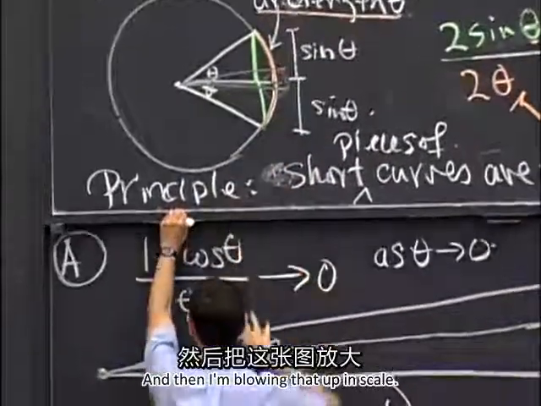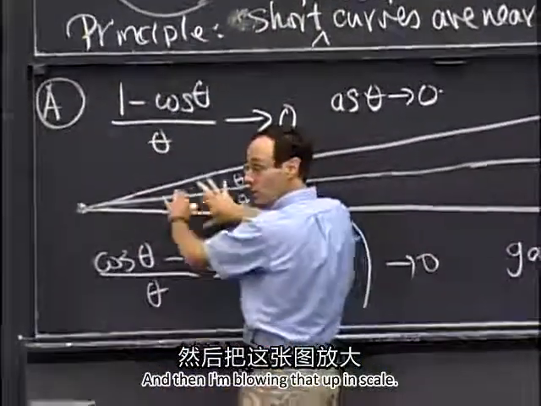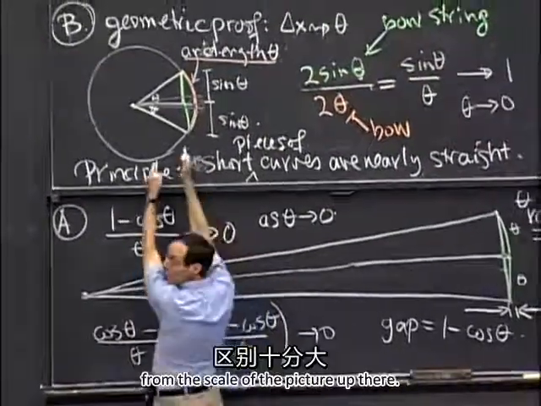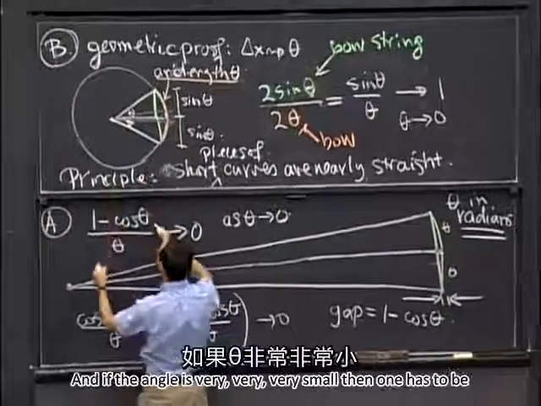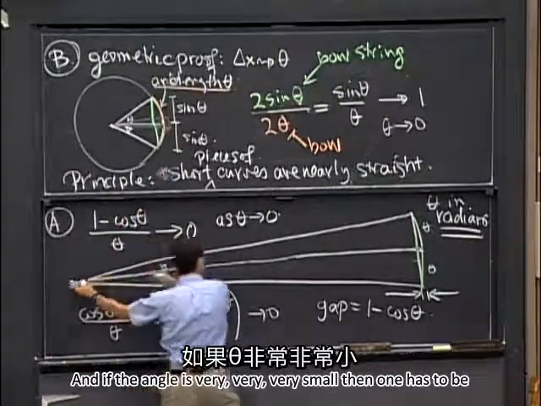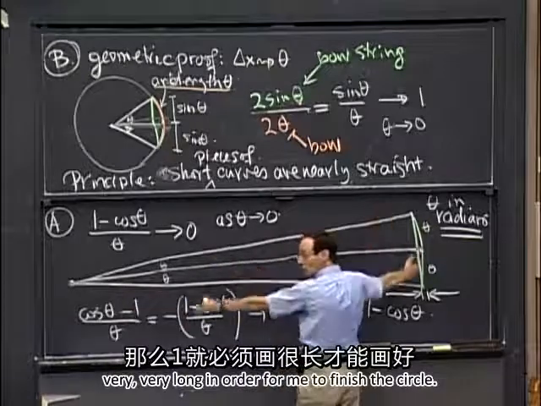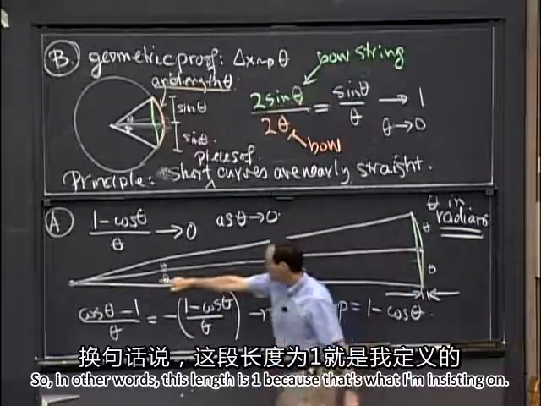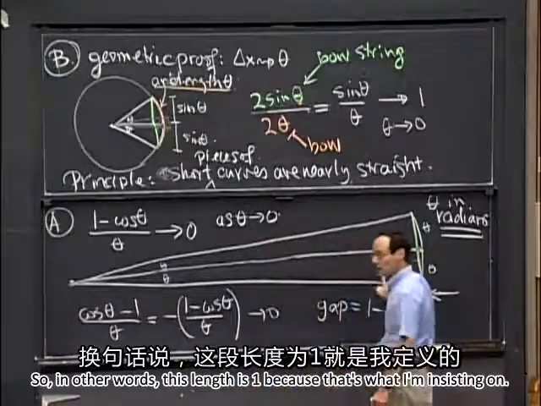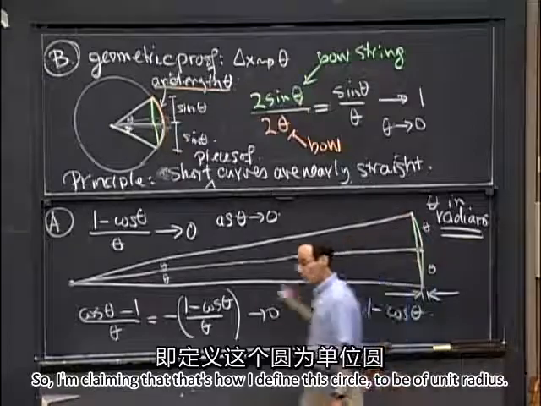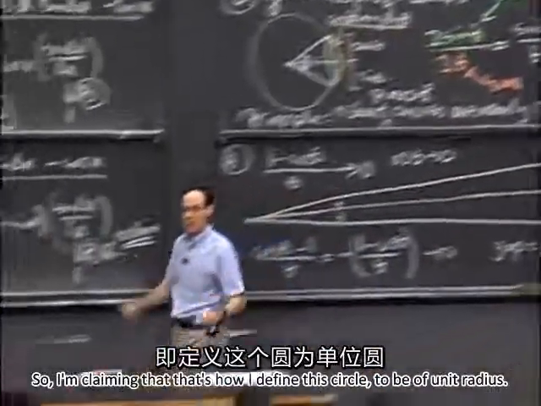And then I'm blowing that up in scale. So the scale of this picture down here is very different from the scale of the picture up there. And if the angle is very, very, very small, then 1 has to be very, very long in order for me to finish the circle. So in other words, this length is 1 because that's what I'm insisting on. I'm claiming that that's how I defined this circle, to be of unit radius.